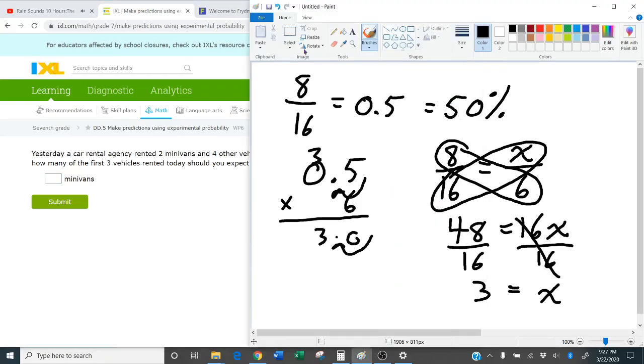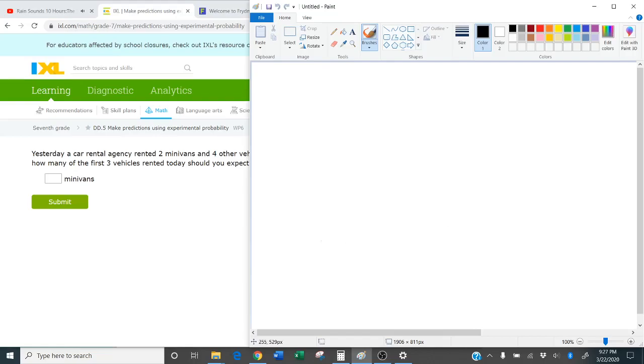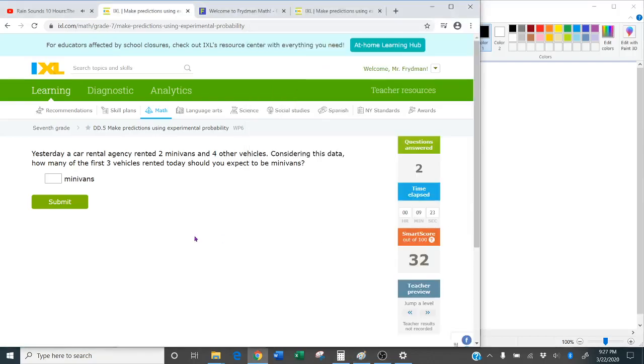This question looks a whole lot like the previous 2 questions. So how is this question different from the other ones? Well, it's very subtle. You need to notice here that, let me read the sentence again slowly. Yesterday, a car rental agency rented 2 minivans and 4 other vehicles.